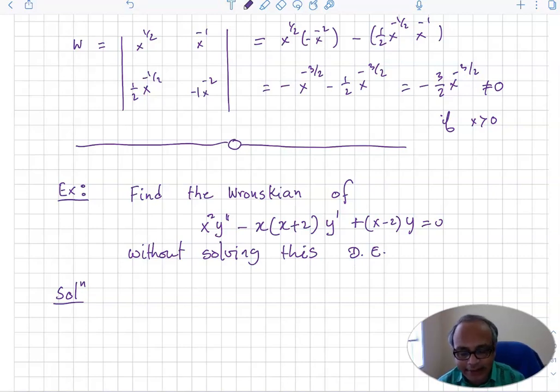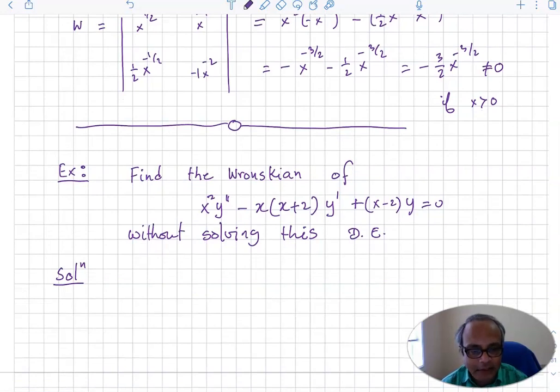It is one way to at least make sure that you have found some functions that form a fundamental set, if the Wronskian is not equal to 0. But now the solution is not known. All we know is the differential equation.